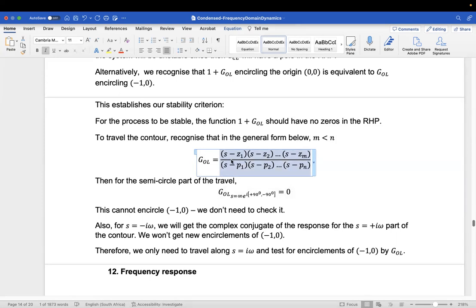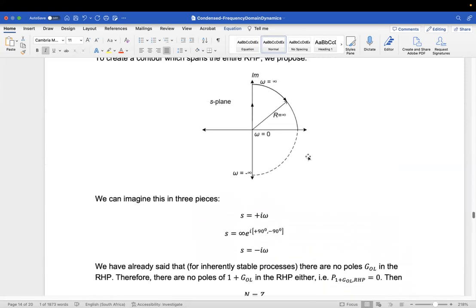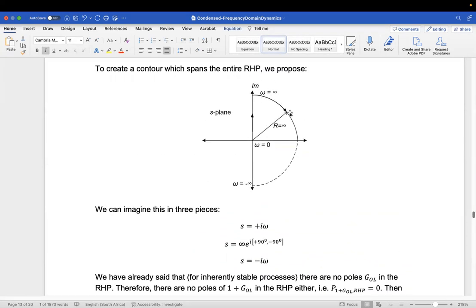So our G open loop, when S has a magnitude of infinity, is going to have a magnitude of 0. So that means we can never encircle -1, 0 when we are traveling around here. So when S values are sitting on this semicircle, then G open loop will have a magnitude of 0. And so G open loop can never encircle -1, 0 anywhere when S has values here.